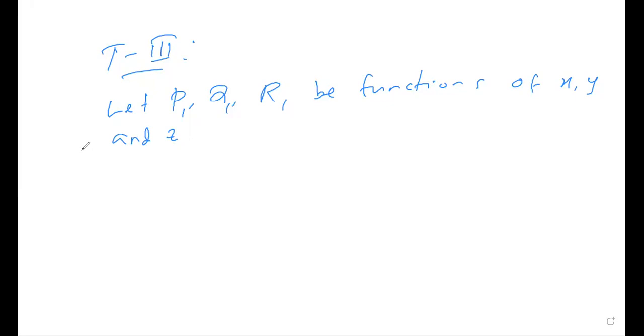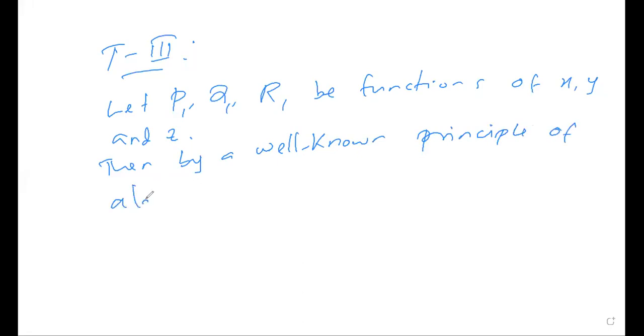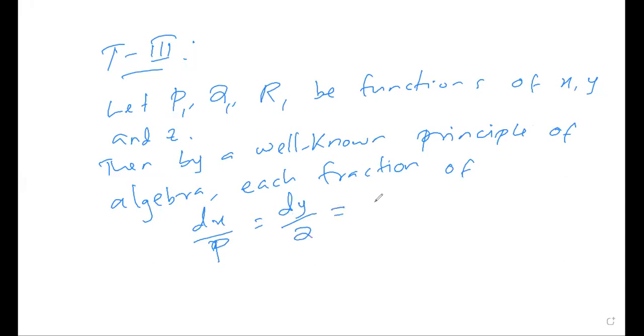Okay, so we have function z. Then by a well-known principle of algebra, each fraction of dx over P, dy over Q, still we are using our Lagrangian auxiliary equation, equal to, okay, we're going to use this to get Lagrange multipliers.